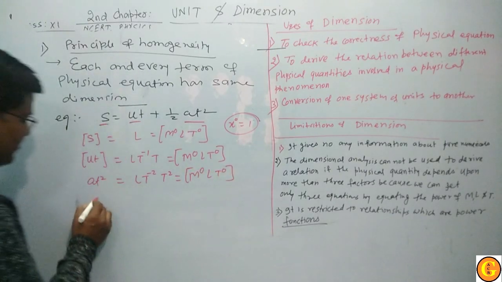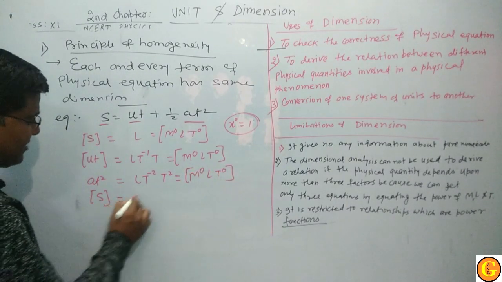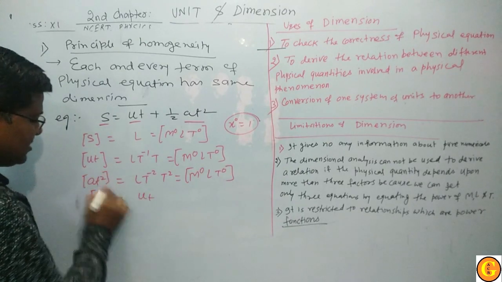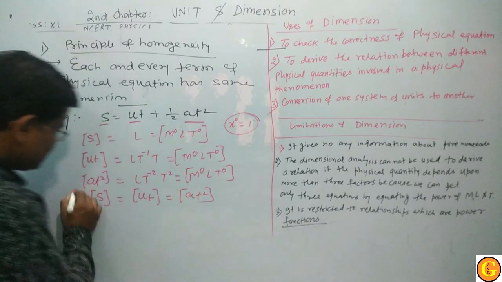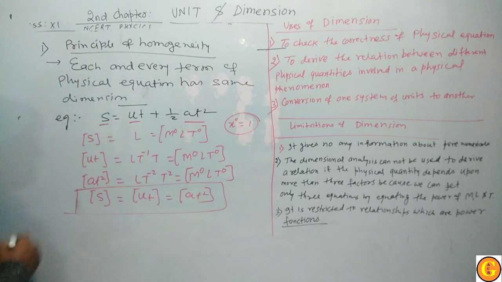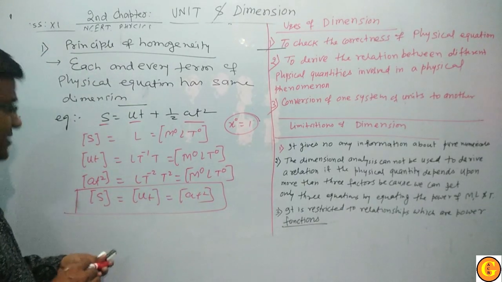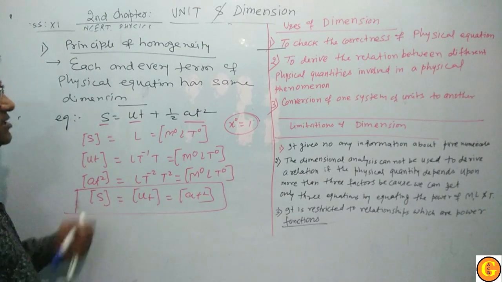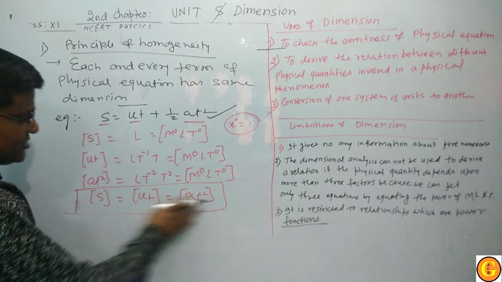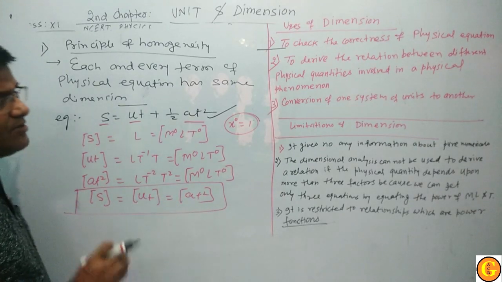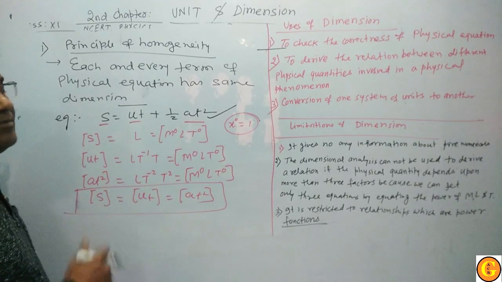Then the dimension of s is equal to the dimension of ut is equal to the dimension of at square. These three physical quantity terms have the same dimension, hence this equation is right. Otherwise, if they are not equal, the given physical equation may be wrong.